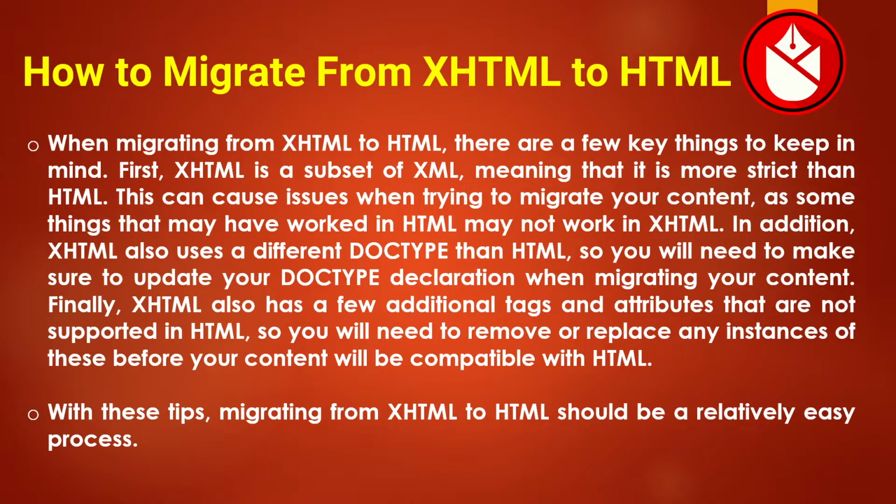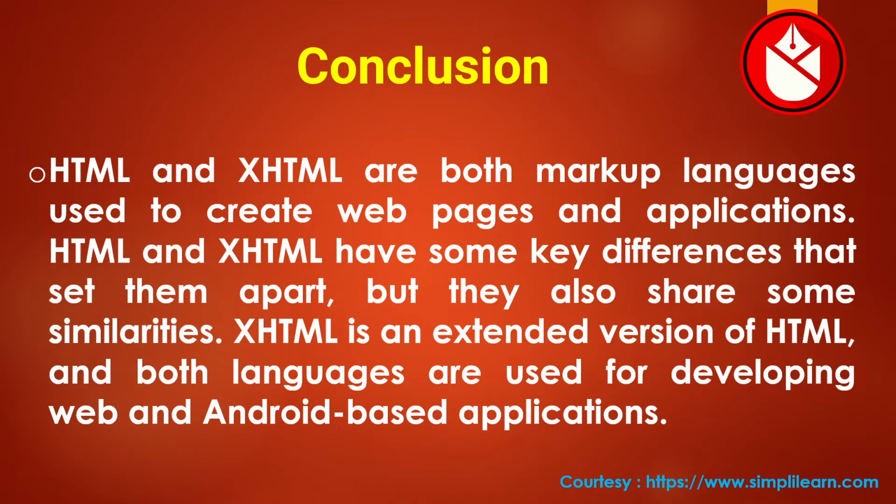In addition, XHTML also uses a different doctype than HTML, so you will need to make sure to update your doctype declaration when migrating your content. Finally, XHTML also has a few additional tags and attributes that are not supported in HTML. So you will need to remove or replace any instances of these before your content will be compatible with HTML. With these tips, migrating from XHTML to HTML should be a relatively easy process.